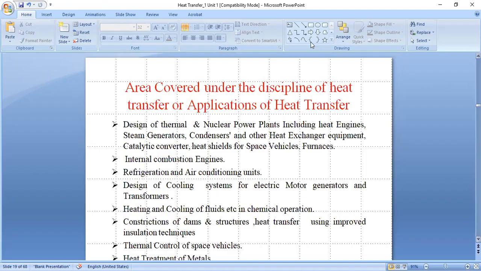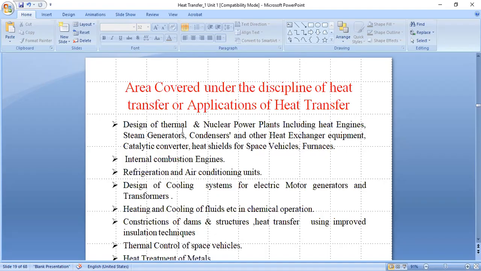Design of thermal and nuclear power plants, including heat engines, steam generators, condensers and heat exchanger equipment, catalytic converters, heat shields for space vehicles and furnaces. For a nuclear power plant, you know, constructing even one power plant costs so much.